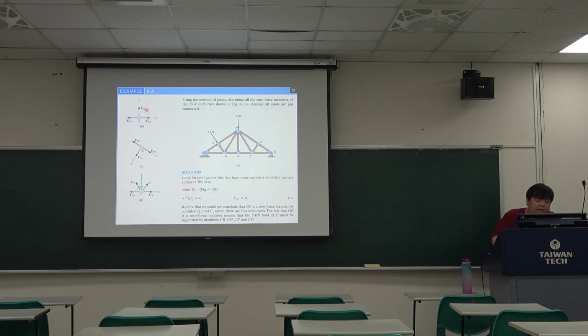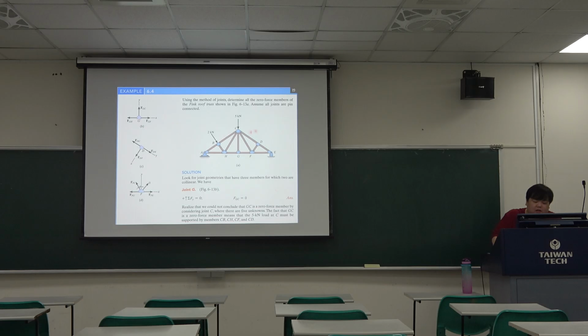So FGC seems equal to 0, because when you do the summation Fy equals 0, we can very easily find that FGC is equal to 0. And in the same way, at joint D we can also get this result. So when we do the summation Fx equals 0, we can find that FEF is equal to 0.